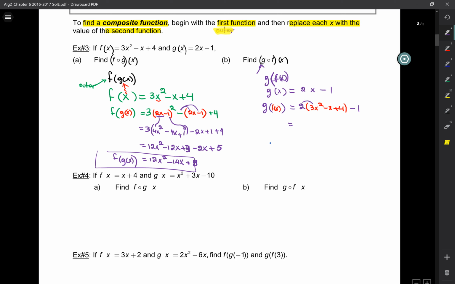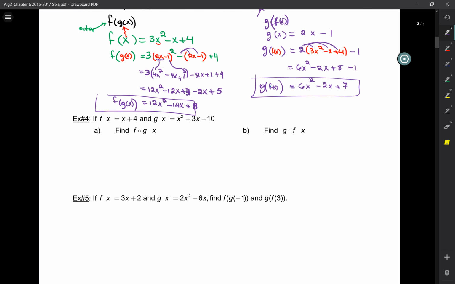So let's distribute: 6x squared minus 2x plus 8 minus 1. So this is 6x squared minus 2x plus 7. This is g of f of x. Okay? All right.